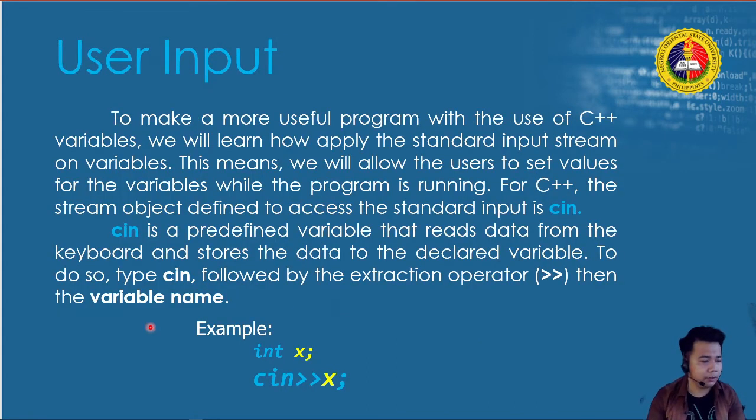The input or extraction operator is going to be two angle brackets pointing to the right. After that we're going to input the variable. For example, if our variable name is x and you're going to ask the user to put a value for x, then we just put cin, then the extraction operator, and then x. Alright, so let's try.